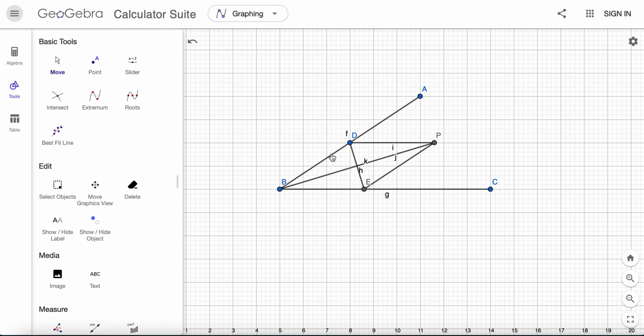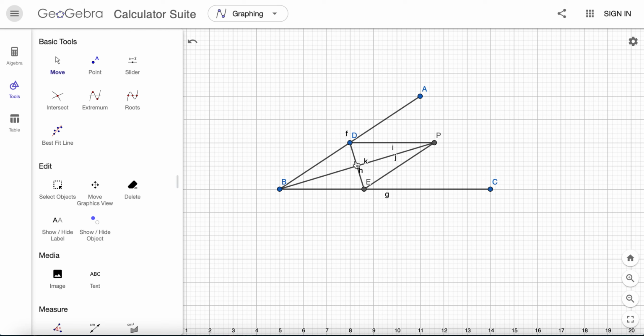Also, segments BD and BE are congruent because they are radii of the same circle. And finally, this angle here is congruent to this little angle here because BP is a bisector of angle DBE. So we can use side angle side to conclude that those 2 little triangles here are congruent to each other.